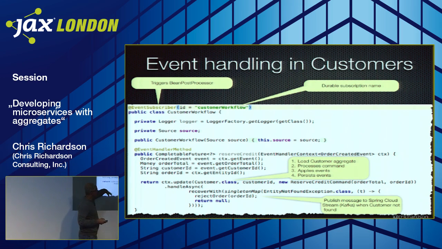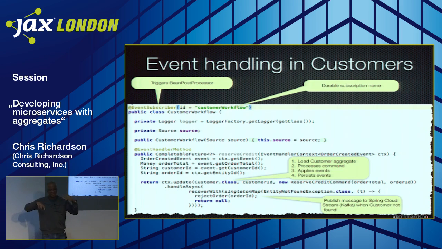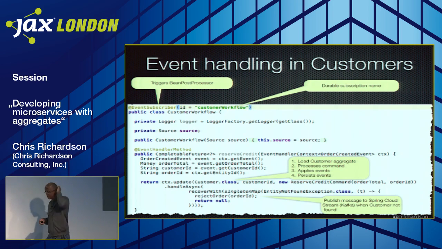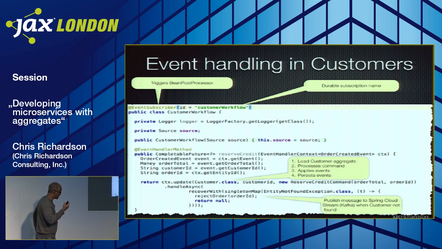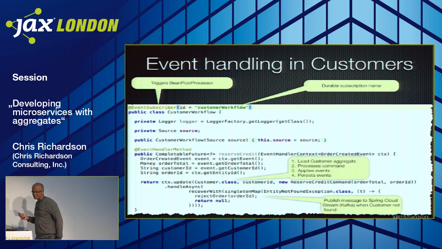And there's an error handler for the case where that customer ID was not found, which publishes a message using Kafka, a back channel back to the order service to say, hey, you told me to reserve credit for this customer, but this customer doesn't exist. There's a whole bunch of interesting little details there that I don't have time to go into, but you can find this code on GitHub.